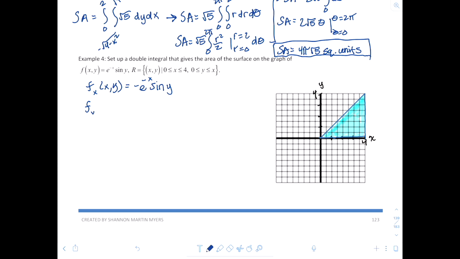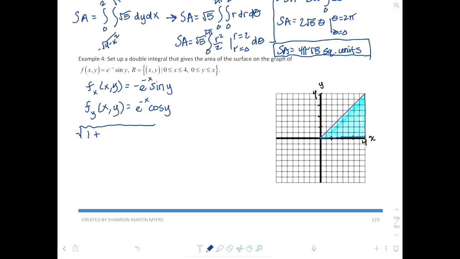Just love partial derivatives, don't you? And f_y of x and y will be e to the negative x times cosine y. Cool so far? Okay, so now let's do our square root stuff.